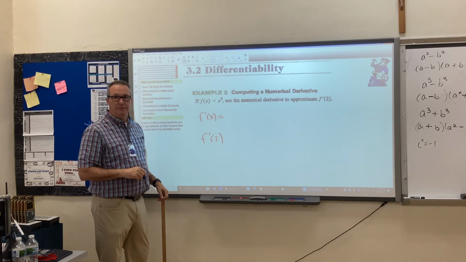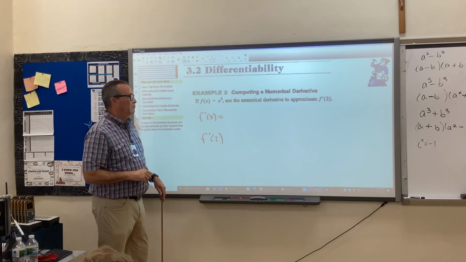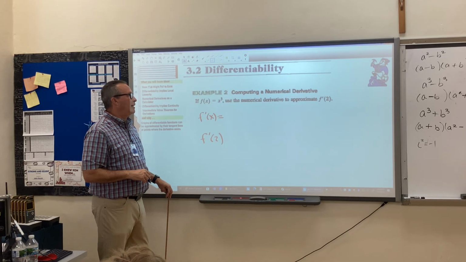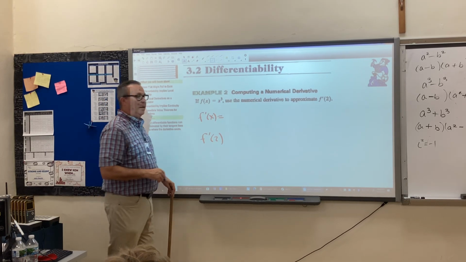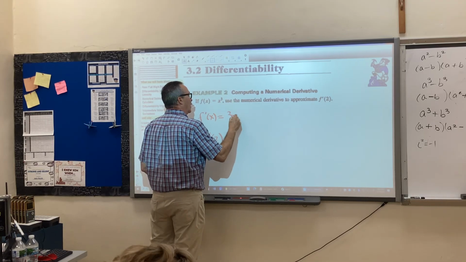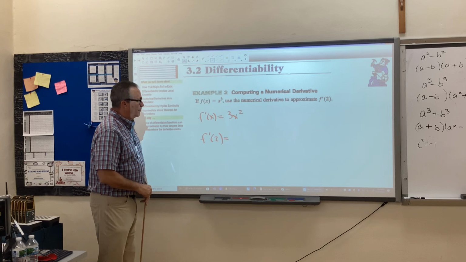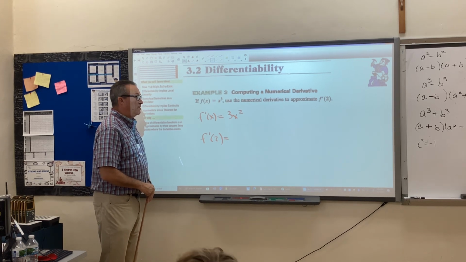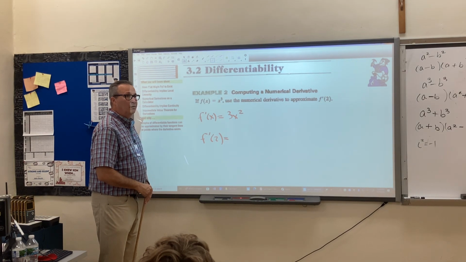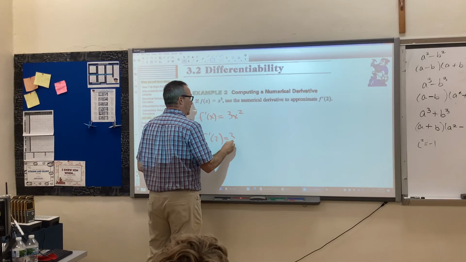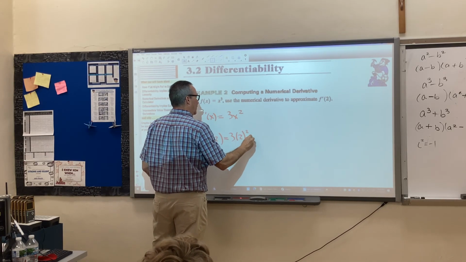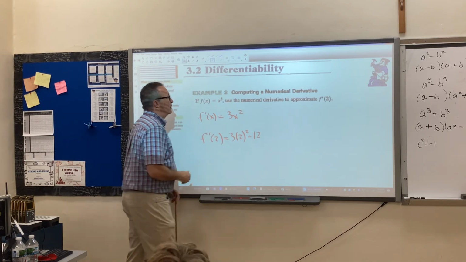The derivative of x cubed is 3x squared. So what's the derivative at x equals 2? Well, 3 times 2 squared is 12.